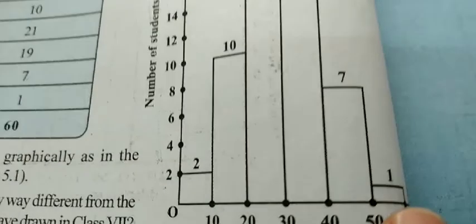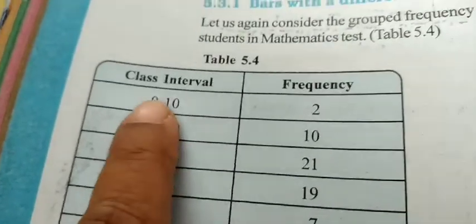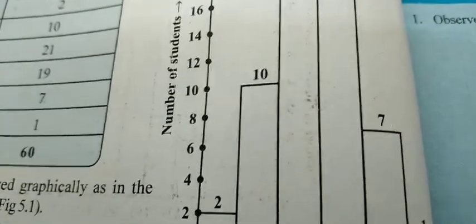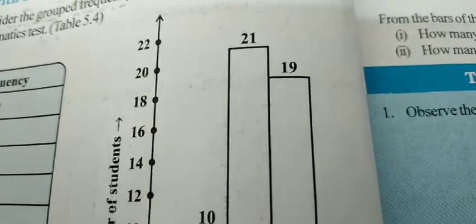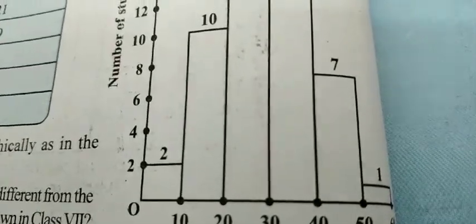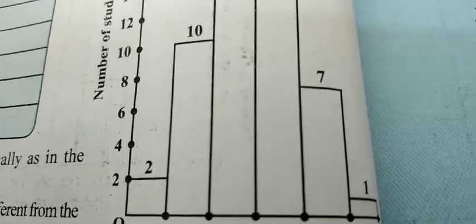Like that, the bars you will draw and they will be connected with each other as the class interval which is taken is continuous. Okay, and this is the bar graph, which is a little different from the graphs which you have studied previously.